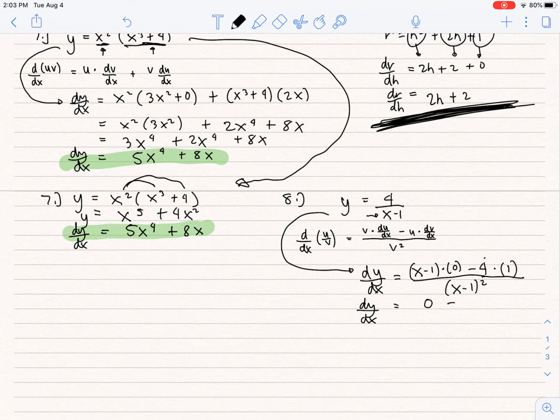Minus 4 multiplied by 1 is just 4 over x minus 1 squared. Once again, simplify ang taas. 0 minus 4 is just negative 4 over x minus 1 raised to 2. So, this is the derivative of y with respect to x. So, we are done with the last example.